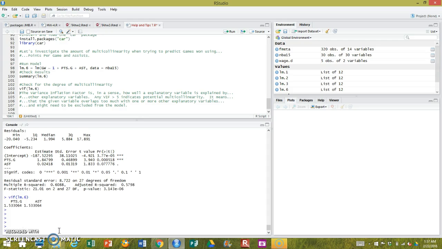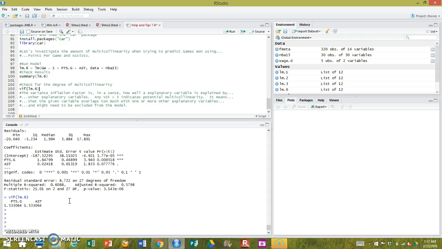The assists variable just might not be a useful variable for us in predicting the average number of games won. So VIF is a really powerful tool, and it lets us start to assess things we want to keep in our model or things we may not want to keep in our model. And it helps us go beyond just looking at the p-value. It gives us a little bit more information about what's happening.